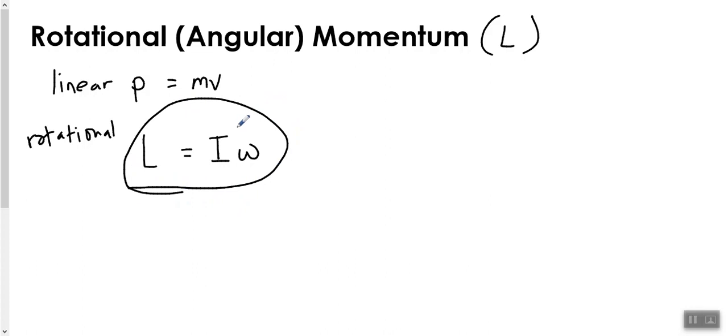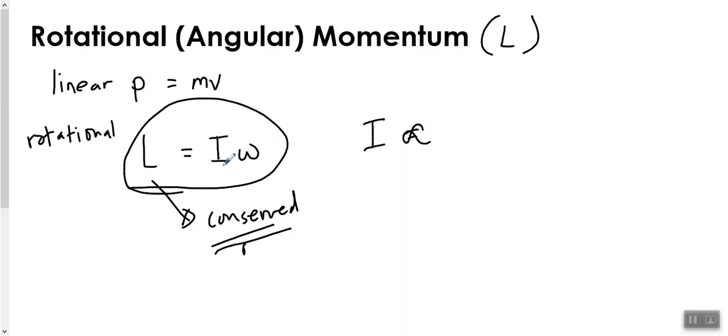If we say that the momentum is conserved, so it stays constant, and we want to see the relationship of the moment of inertia with angular speed, we know that as the inertia increases, just like the ice skater, when she extends her arms, her moment of inertia increases, and what happens to the angular speed?